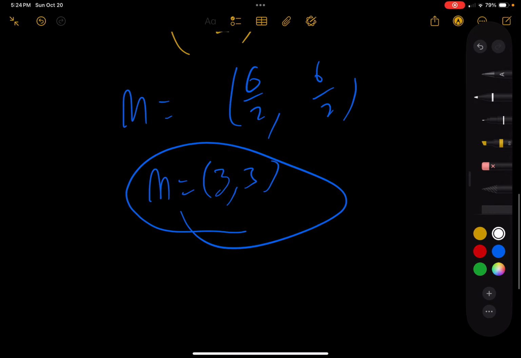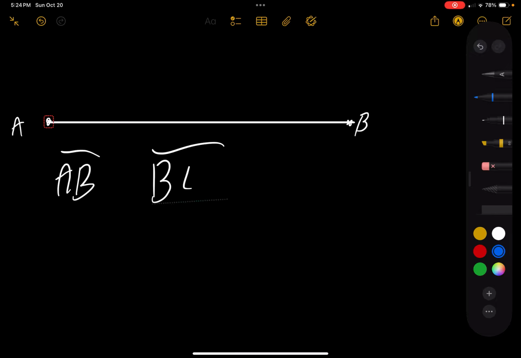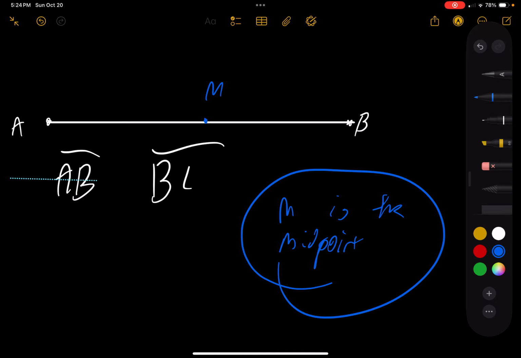So let's talk about this more technically when dealing with line segments. If we have a line segment AB, this is a segment from earlier. I'm just lazy. And let's say we have a point in between them. We'll call this point M. And we know M is the midpoint. What can we conclude from this diagram?